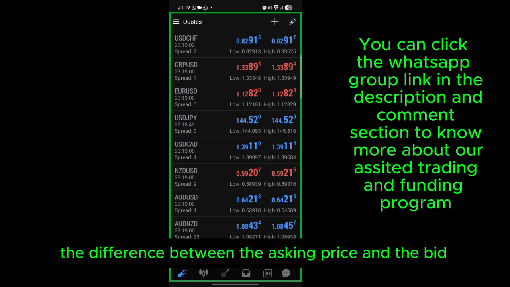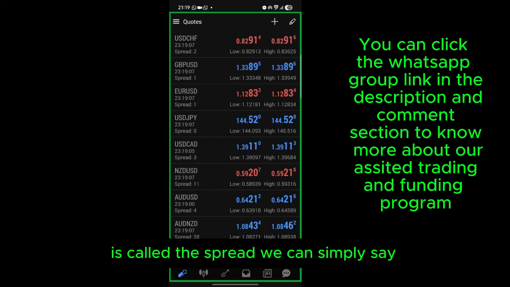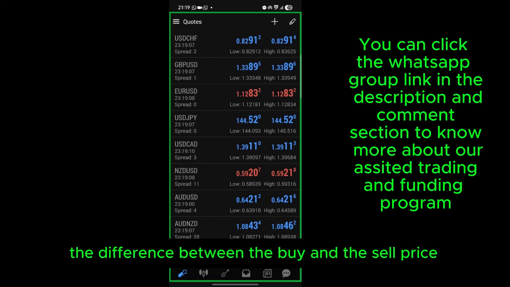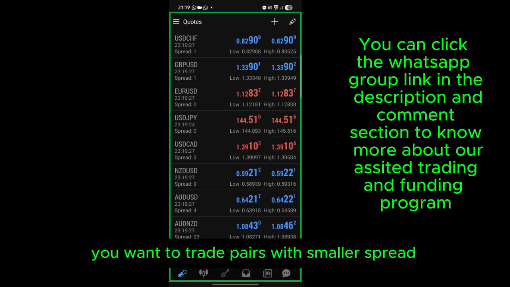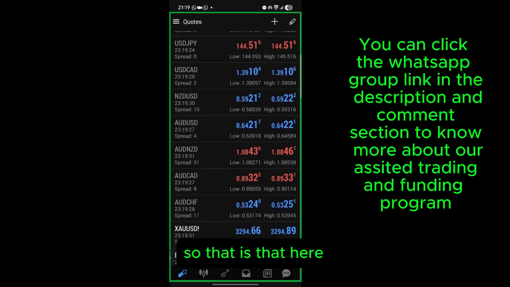We can simply say the difference between the buy and the sell price of a particular currency pair. That is what you call the spread. So you can see spread of 1, 2, 0. The lower the spread, the better for you. You want to trade pairs with smaller spread.